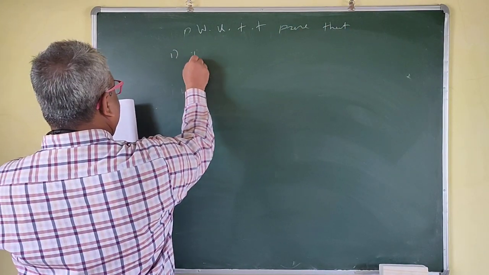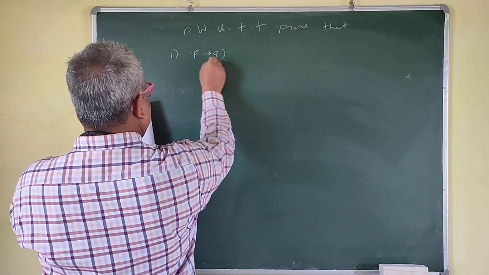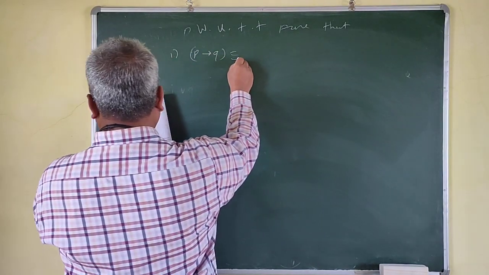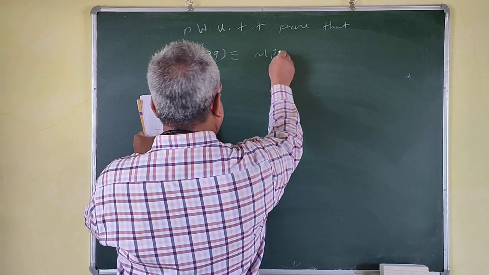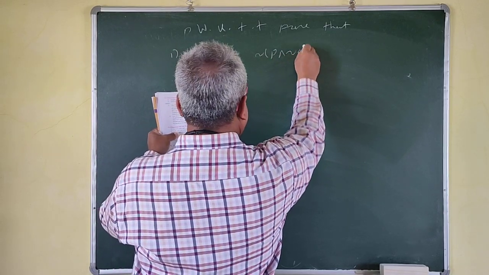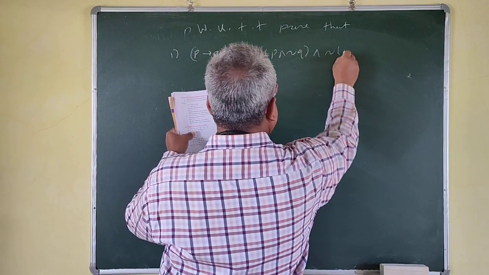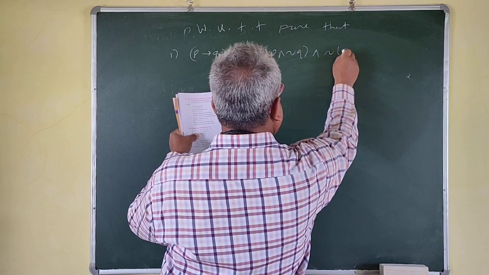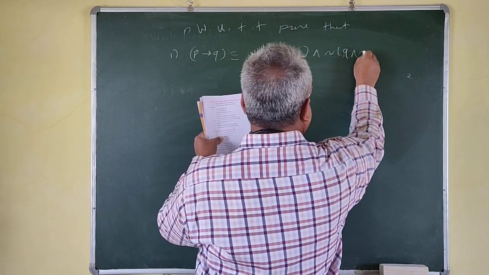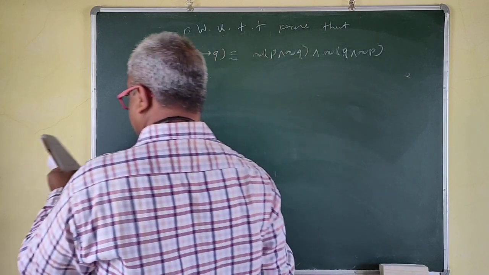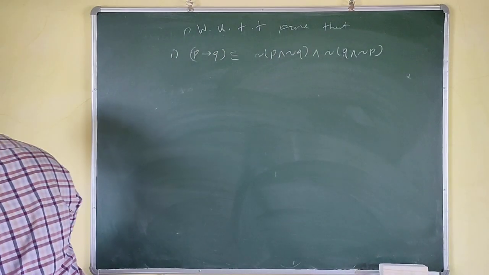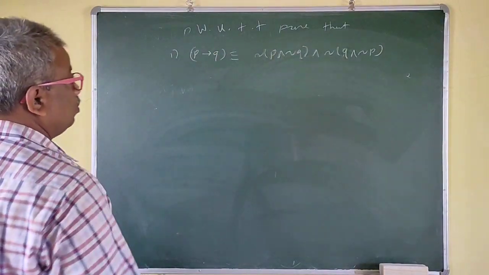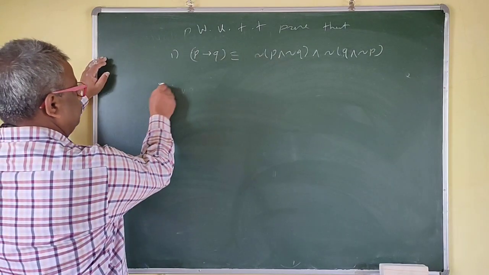1. P implies Q is logically equivalent to negation Q implies negation P. Okay, solution.